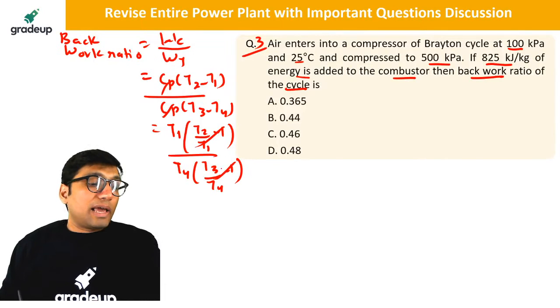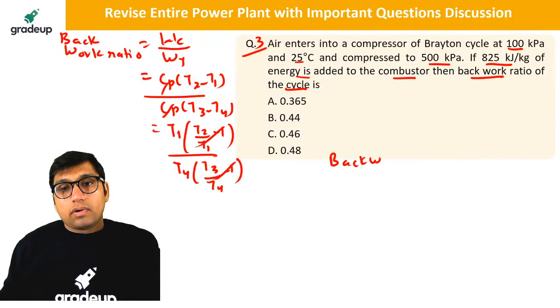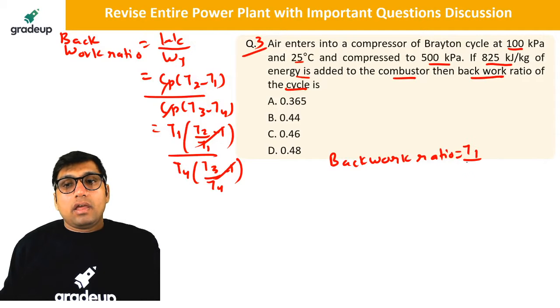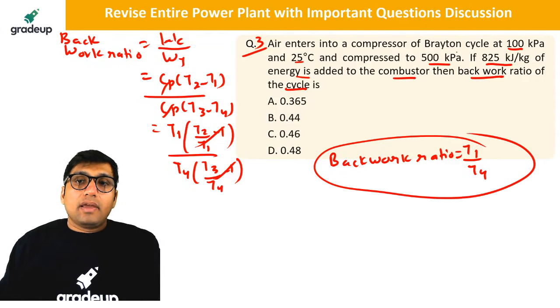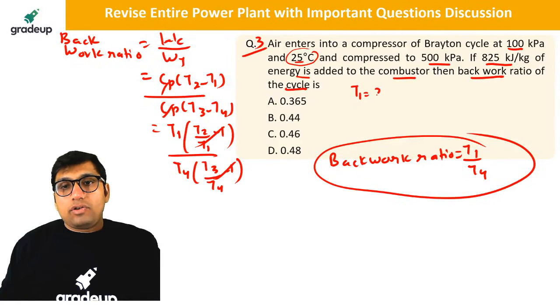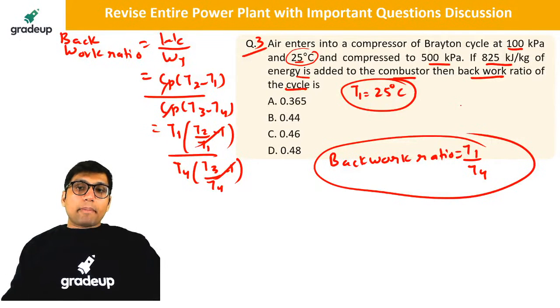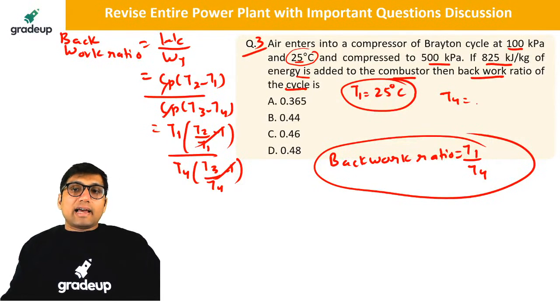This will get cancelled out as they both are equal. So back work ratio is simply equal to T1 by T4. In this particular question, they have given the value of T1, 25 degrees Celsius. If you somehow get the value of T4, you can get the answer very easily.